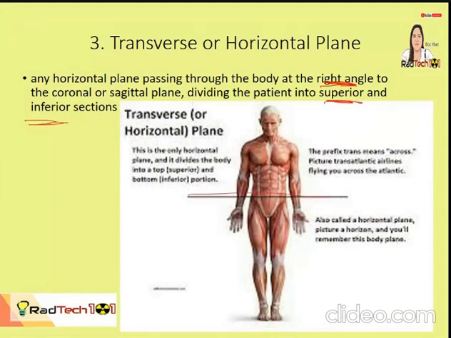Your coronal is here, sa gilid niya, front and back. So, this is 90 degrees. Your sagittal is here, so 90 degrees man. A transverse or horizontal plane. So, pag mid-transverse or mid-horizontal, divides the body into equal superior and inferior portion.